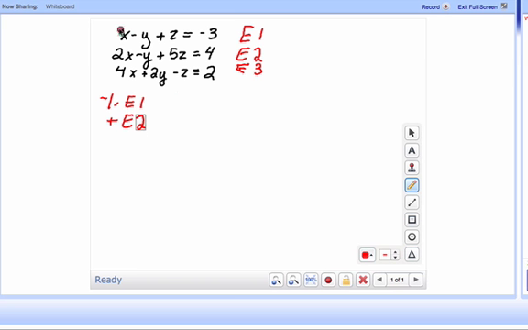Okay, so if I multiply each of these here by a -1, it's going to change this to a -1x plus y minus z equals a +3. And we can do that because if you multiply one side of the equation by a -1 and you multiply the other side by a -1, it keeps it equal. Okay? And then we're going to just add that to equation 2.